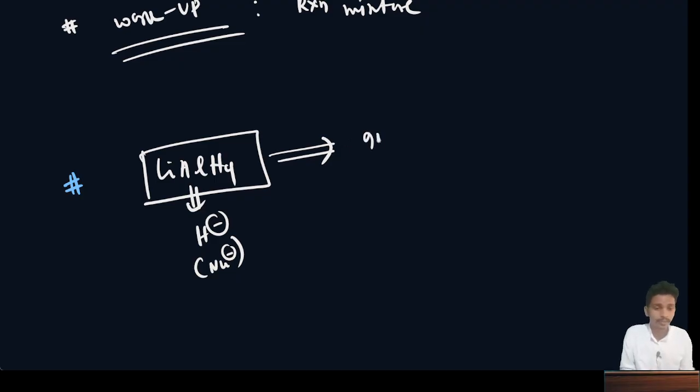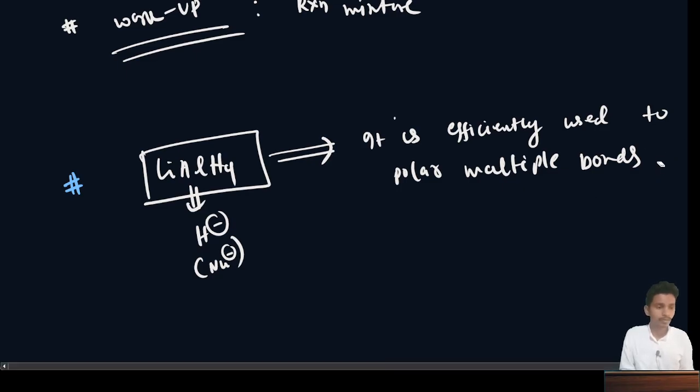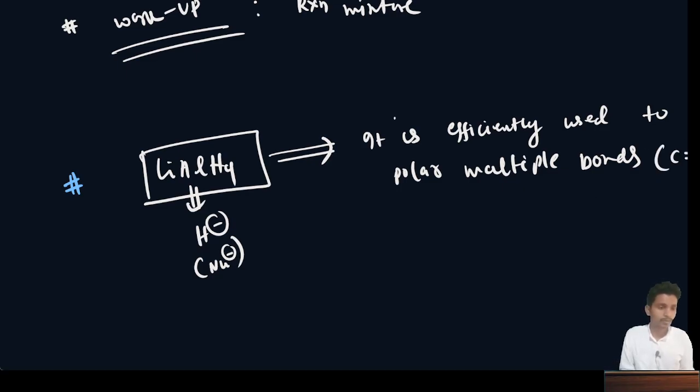It is efficiently used to reduce polar multiple bonds, like if we have carbonyl groups, this type of group. Why?